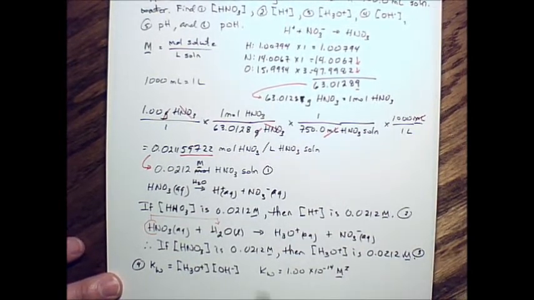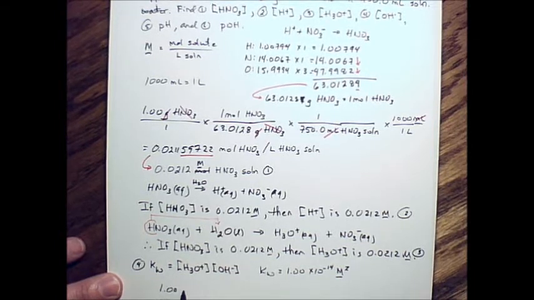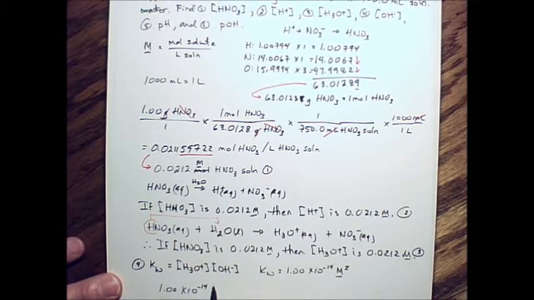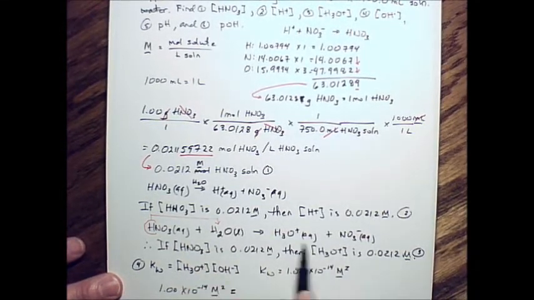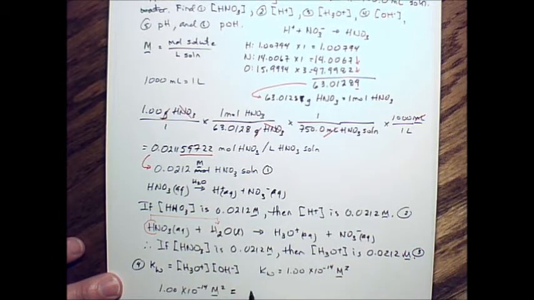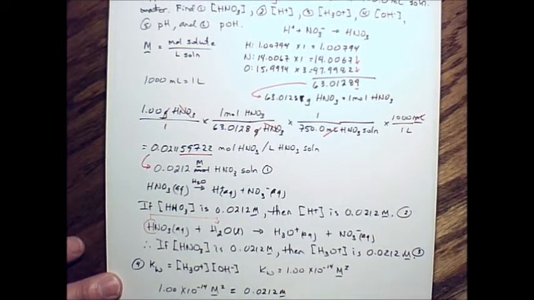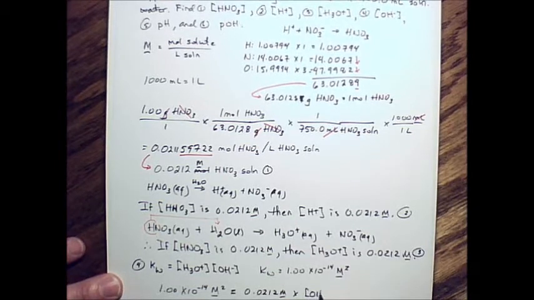Okay? So we just plug and chug now. We know this number, we know that number, we can find that number. So 1.00 times 10 to the negative 14 molar squared equals the hydronium ion concentration, which we figured out was 0.0212 molar, times the hydroxide ion concentration, which we're going to figure out by dividing both sides by this, isolating the unknown.